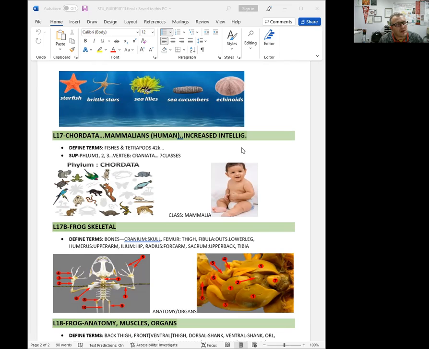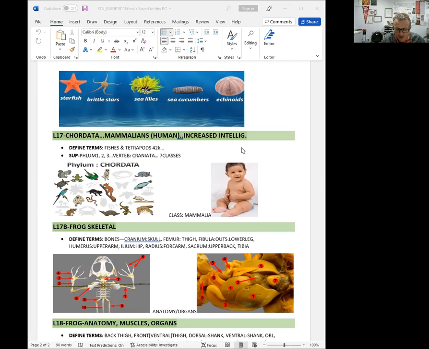That subphylum includes humans and a lot of other species. So chordates is lab 17, phylum Chordata.